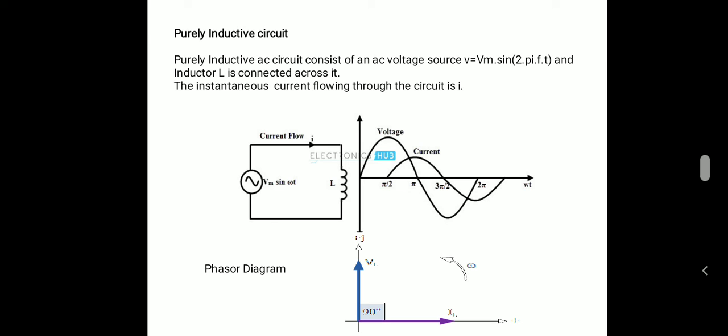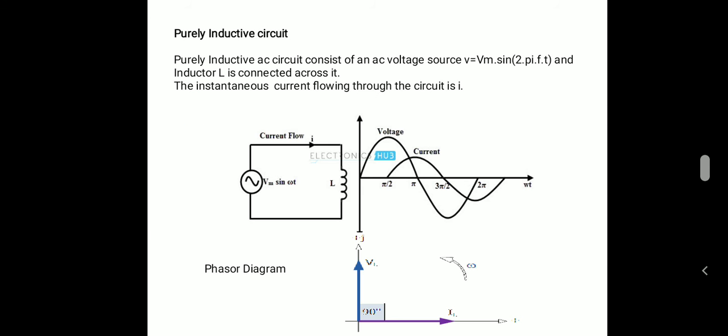So if you draw the current phasor on the x-axis, we have to draw the voltage phasor 90 degrees ahead, which is on the y-axis. From the phasor diagram we can also say that current lags voltage VL by 90 degrees, or voltage VL leads current by 90 degrees. That is the phasor diagram for voltage and current for the purely inductive circuit.